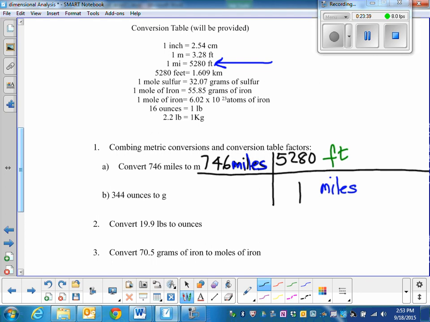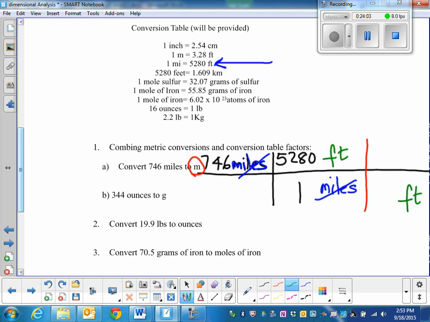But I look at my problem and I know I cannot stop at feet. I have to go to meters. But now, what is it that I have to cancel out of? So first I was able to cancel out of miles. What is it that I now have to cancel out of? Feet. So what do I bring down here? Feet.